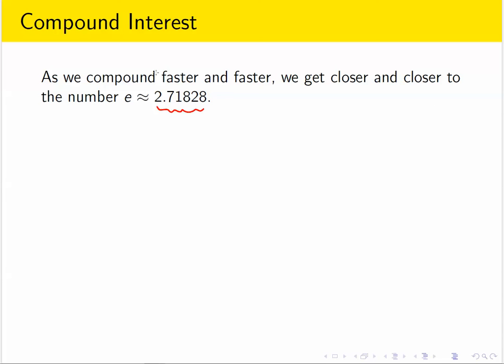And the faster we compound interest in the previous example, the closer the balance got to this number after 1 year. So that actually turns out to be the best we could ever do. No matter how fast we compound 100% interest for 1 year, we'll never end up with more than e dollars at the end of the year.